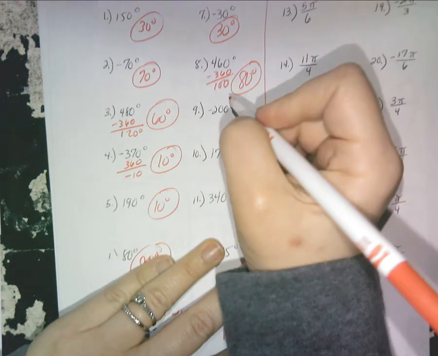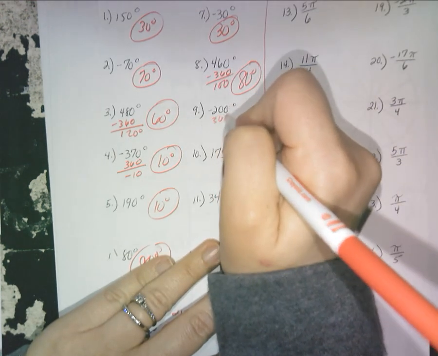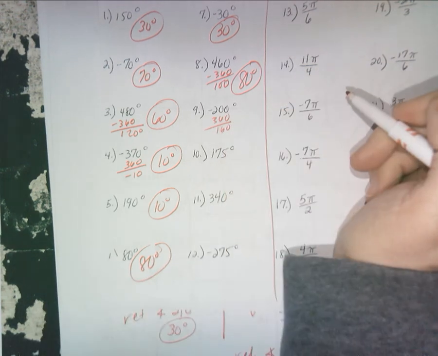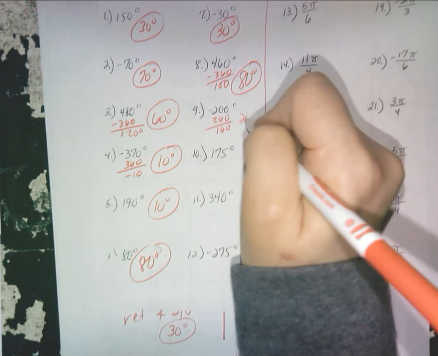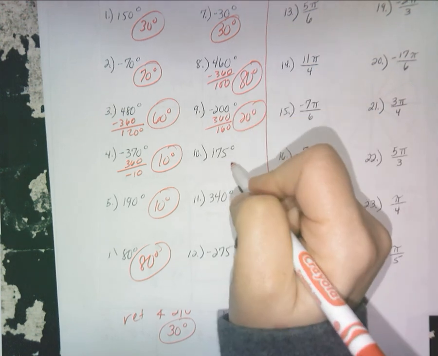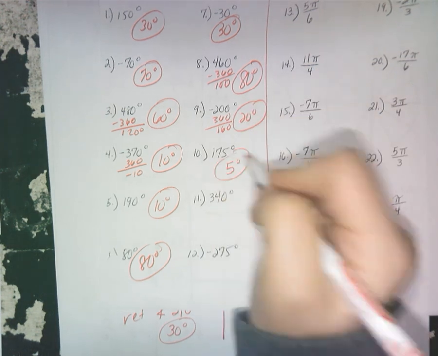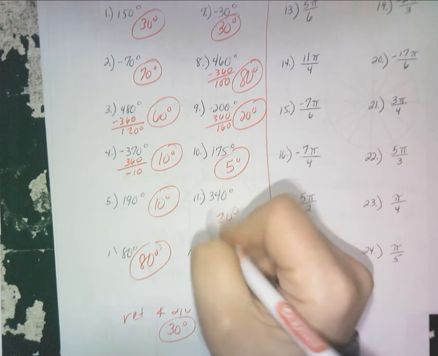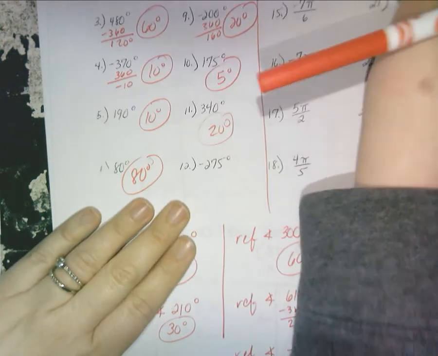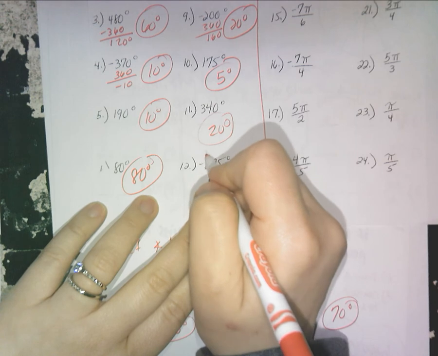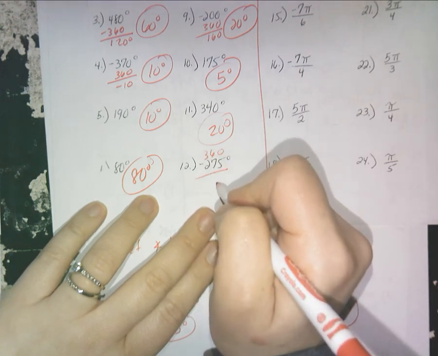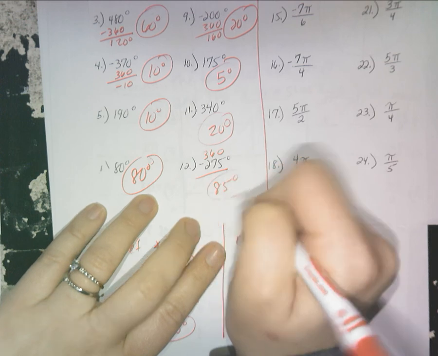Negative 200, so you add 360, what is that, 160? And 160 is closer to 180 by 20 degrees. Do one more. Negative 275, add 360 and you're at 85. Done.